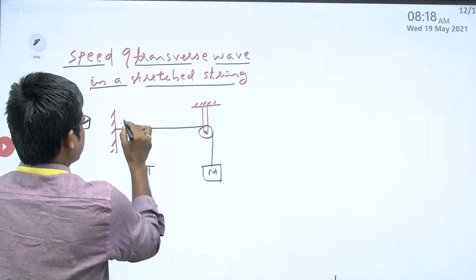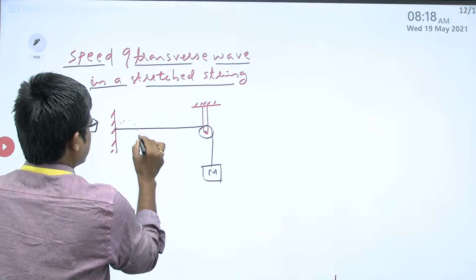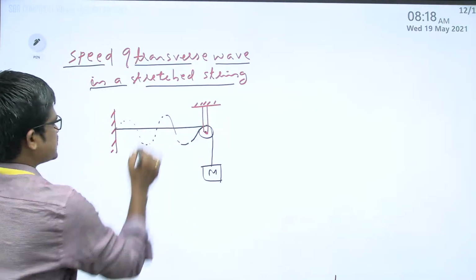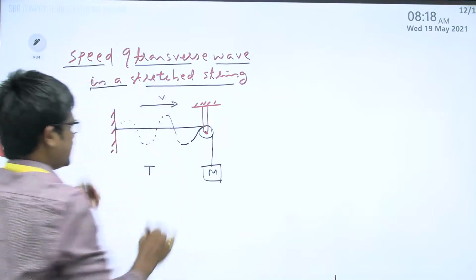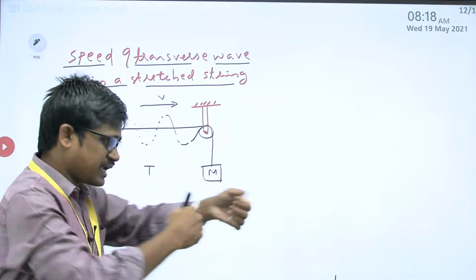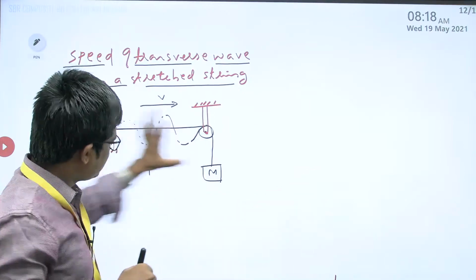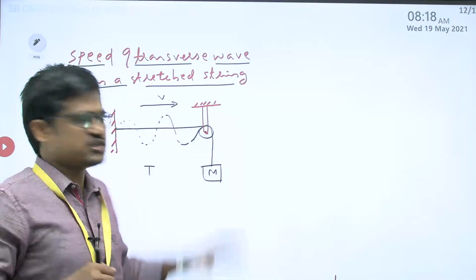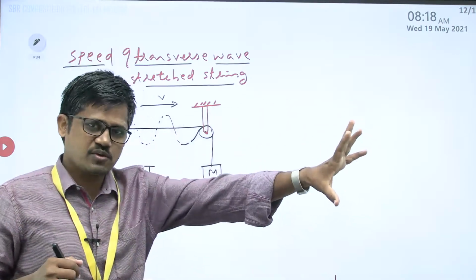Just pluck it here, then what? A transverse wave will be created there, and this transverse wave will go with speed. If this string is tightly connected, then when you pluck here, suddenly the speed of the wave will be more. Are you getting my point?